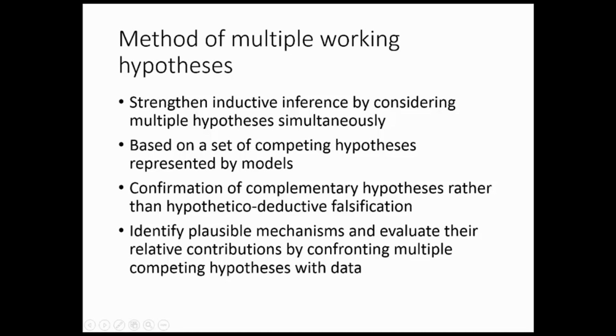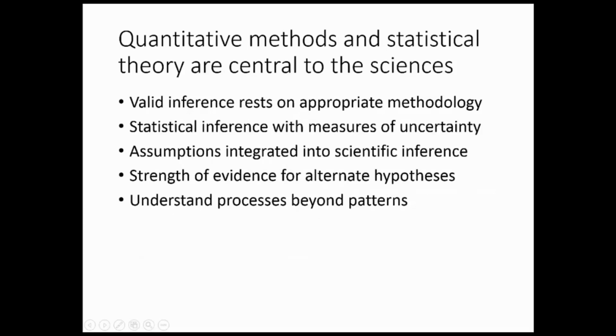Through this approach, we identify plausible mechanisms and evaluate their relative contributions, and we do this by confronting multiple competing hypotheses with the data. And I'd like to go out on a limb here and suggest that quantitative methods and statistical theory are central to the sciences.